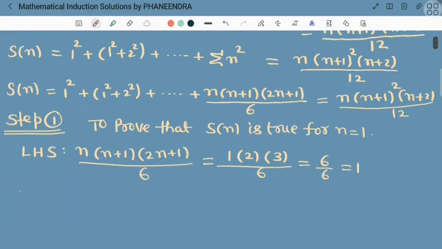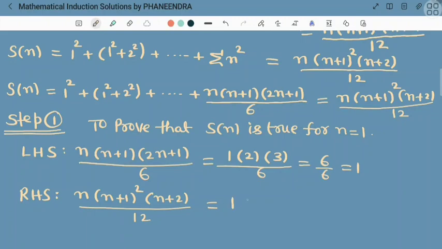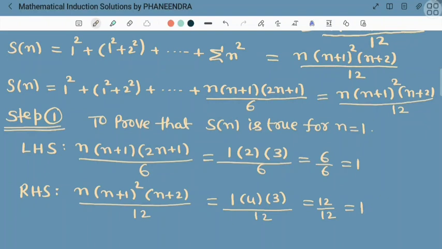Similarly, you can take the RHS. What is RHS? This is what we need to prove: n into (n plus 1) whole square into (n plus 2) divided by 12. Substitute n is equal to 1. So (1 plus 1) whole square, 2 square means 4, into (1 plus 2), 3, divided by 12, that is 12 by 12, which is equal to 1.